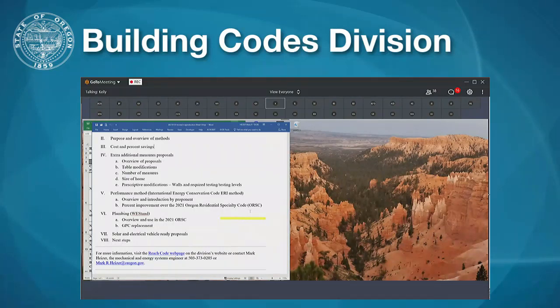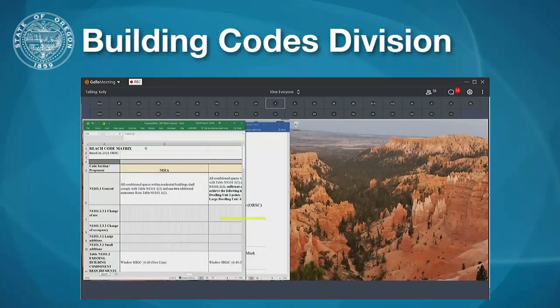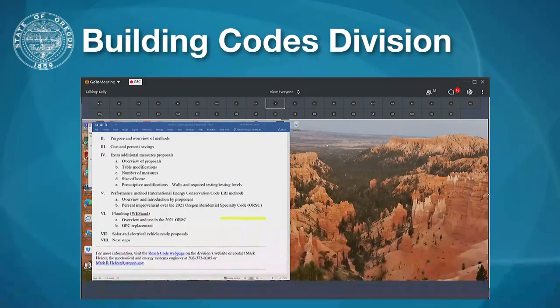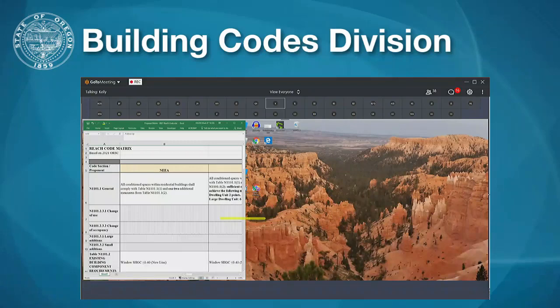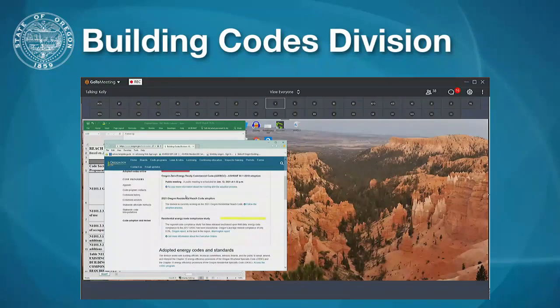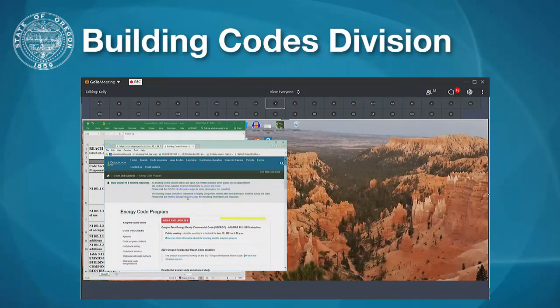Hey, Mark, I'll just note that we did provide a cost worksheet available, a blank one for submitting these. And I want to take a minute to thank David Heslem for actually filling that out and submitting it with his proposal. Thanks, David. Those are the kind of things that would really help, because like Mark said, cost does not necessarily reflect as heavily on REACH code as it does the standard code.